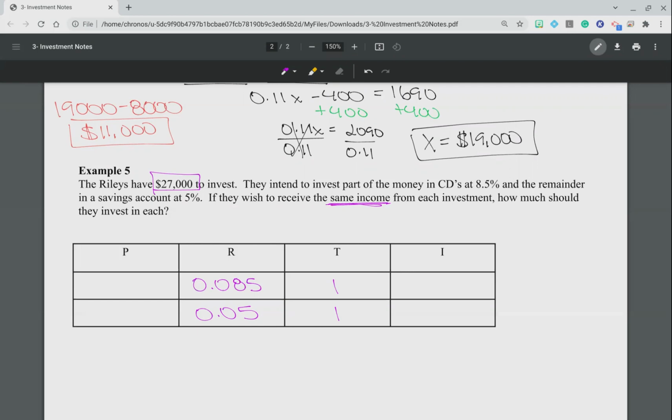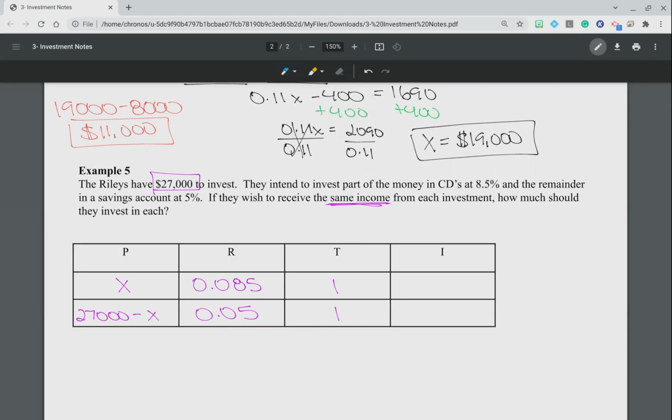That's our principal. Okay, so I know that one of them invested a number, and I don't know what that number is. And I know that my other one has to be 27,000 minus that number, so that those two numbers add up to 27,000, because that is my total investment.